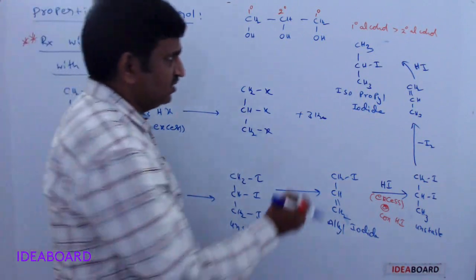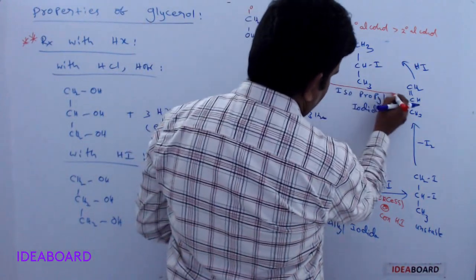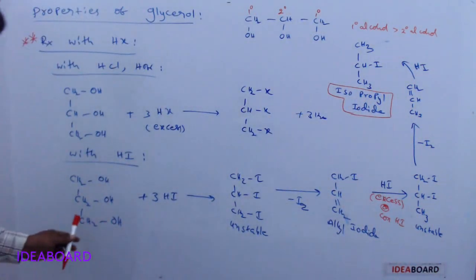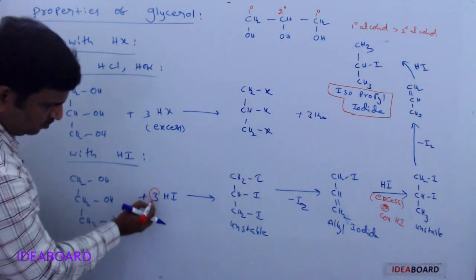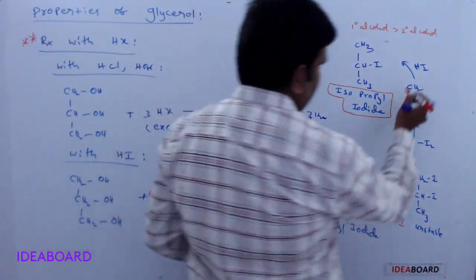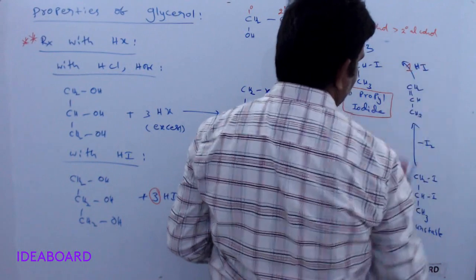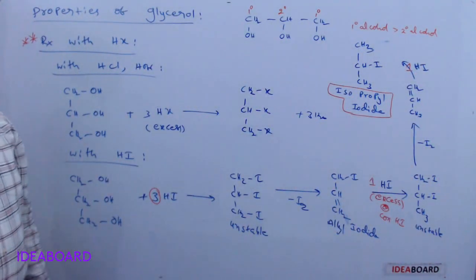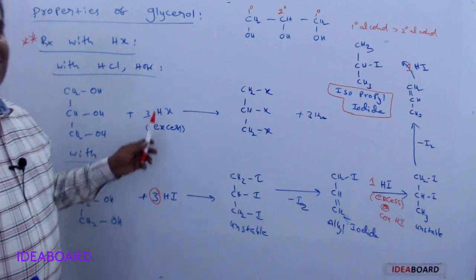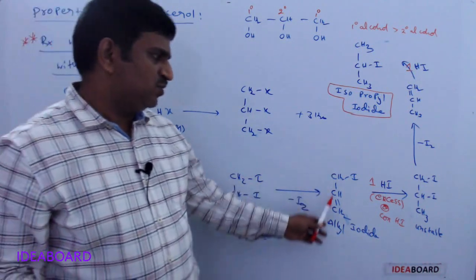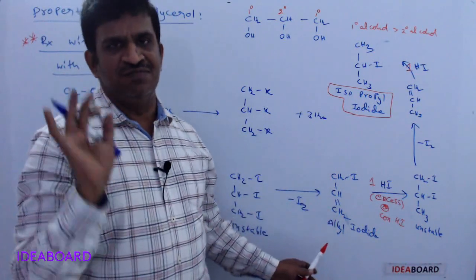Very, very important. Please remember, see how many moles: here 3, then 1 more, and 1 more, totally 5 moles of HI are reacting. If 3 moles of HI are used, it first gives triiodo, but being unstable, it gives allyl iodide only.